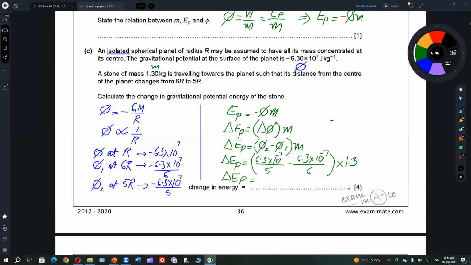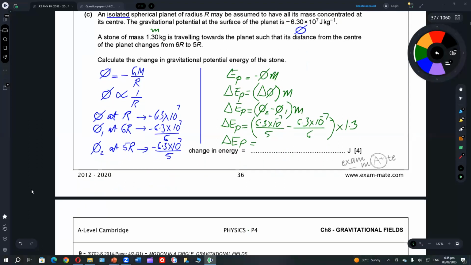Now you have to see the working. Copy this working, complete it, and get the answer for me. Okay, convert it into scientific notation, Zion.